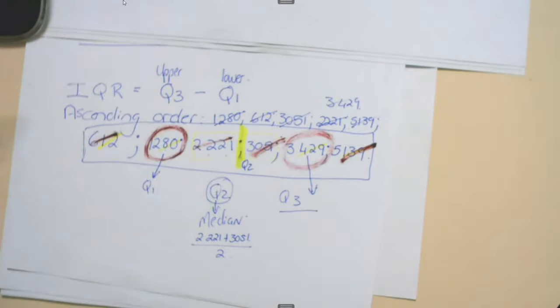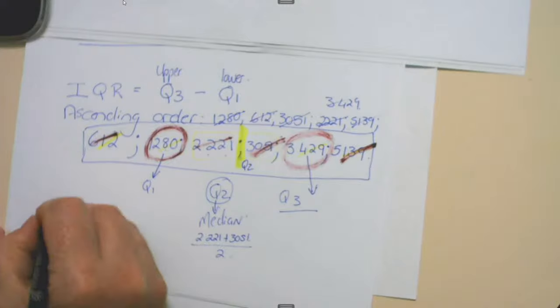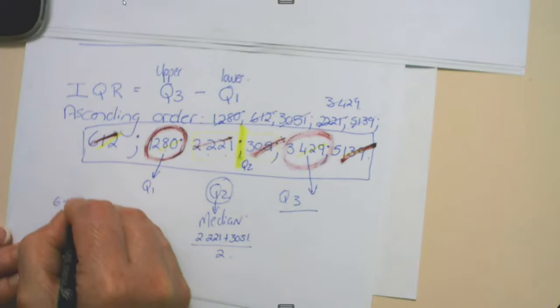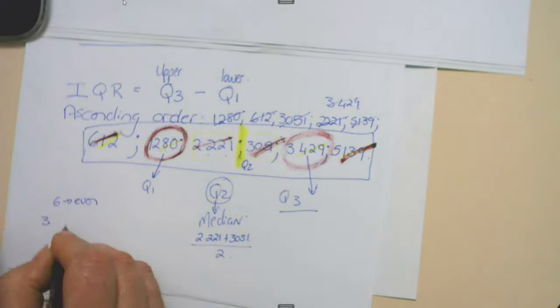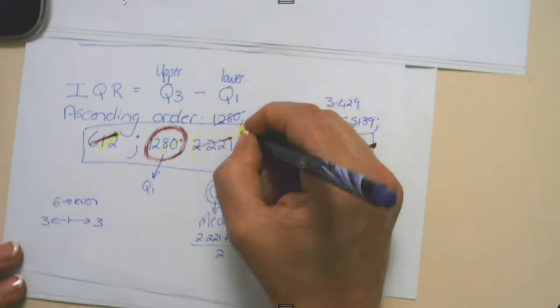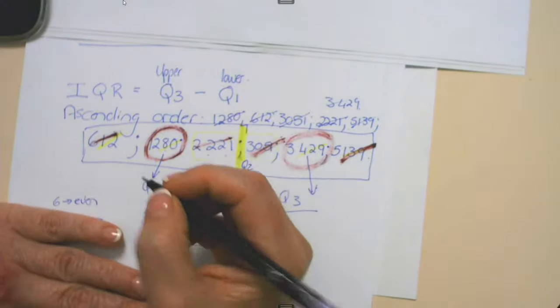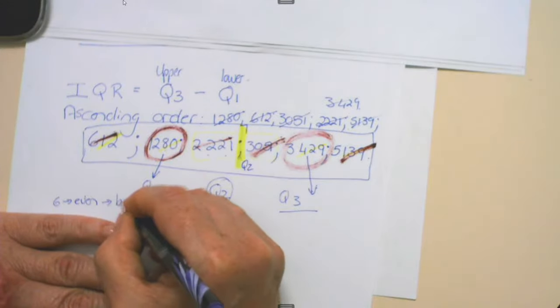Can you see, when I started off with the data, there were 1, 2, 3, 4, 5, 6 data pieces. 6 is what we call an even number. If I divide it into two equal groups, I will have 3 numbers on this side and 3 numbers on that side. So if I have an even number and I get Q2, then that median is going to be between two numbers.